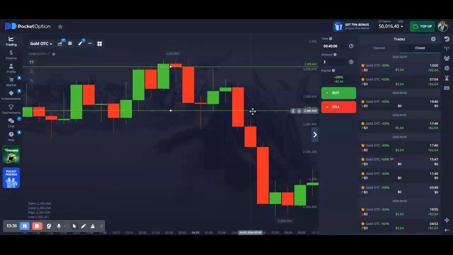Now, also there's another thing that you need to take note of. If you notice, this is an inside bar. This is another inside bar. This is another inside bar. You get my point now? So how do you do this?